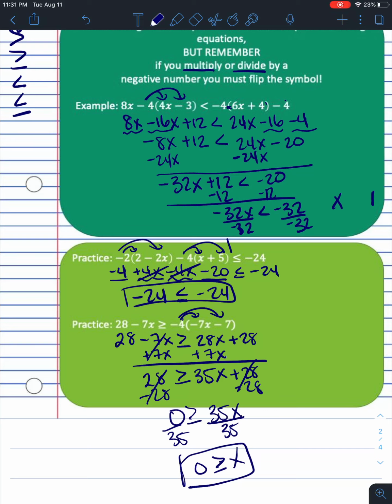But our rule tells us that if we multiply or divide, so if the number that I'm multiplying or dividing by down here is negative, then I need to flip my symbol. So instead of having a less than symbol, I need to flip it and make it greater than. So my answer is going to be x is greater than 1.